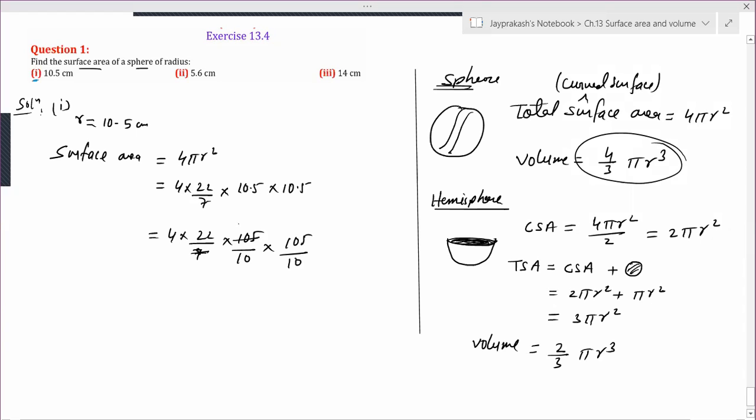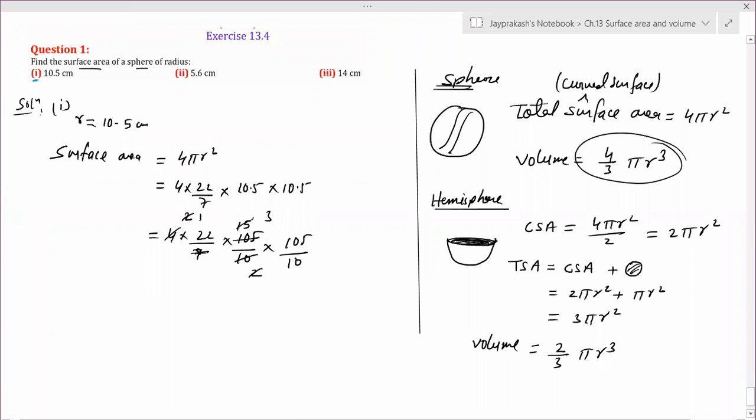So 7 1 ja 7, 3 is remaining, 7 5 ja 35. Then 5 2 ja 5, 3 ja. 2 1 ja 2, 2 ja. Then 2 1 ja 2, 5 ja.